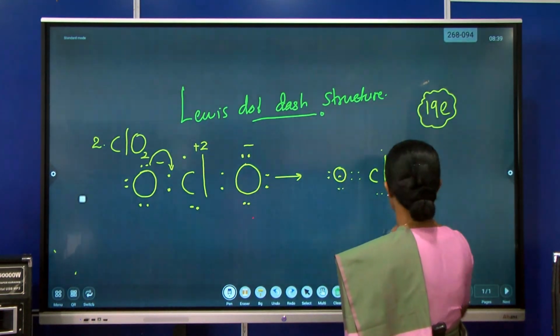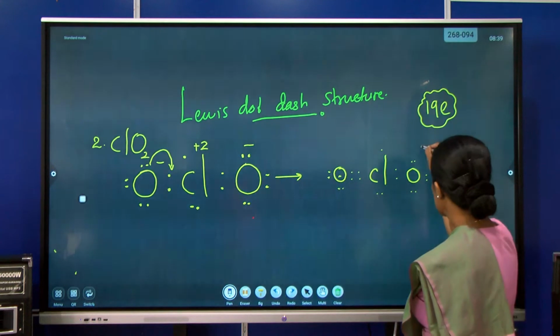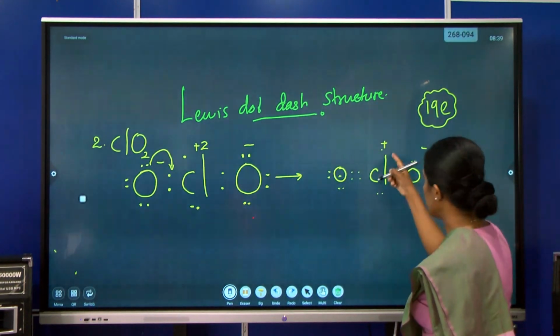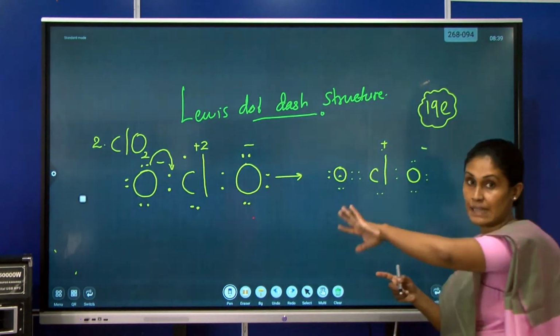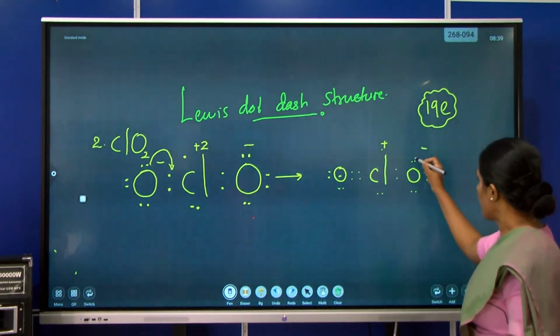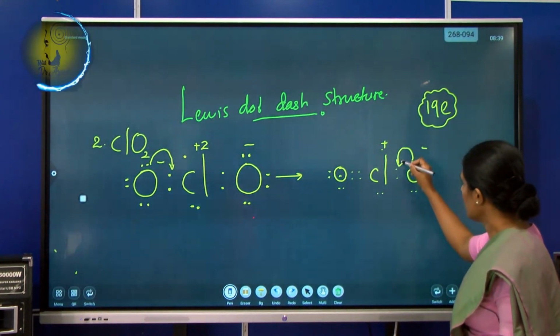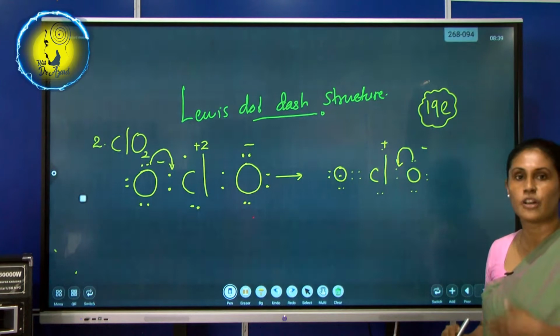Right. But here the charge is remaining. There is only one charge as that is settled. Okay. Now what about the next step? This one donates here or jumps here.